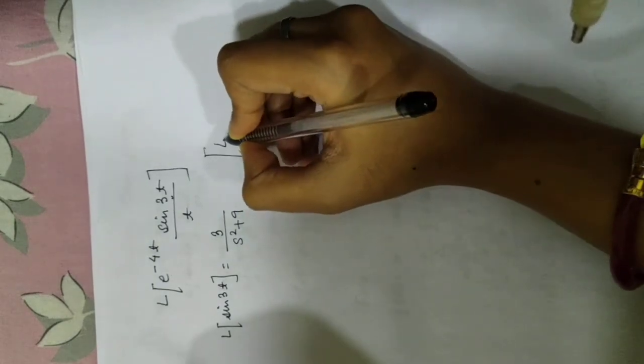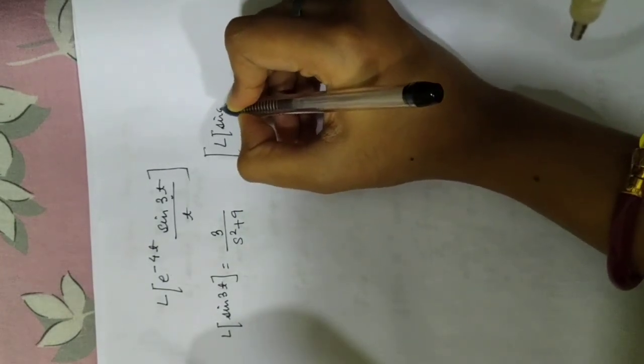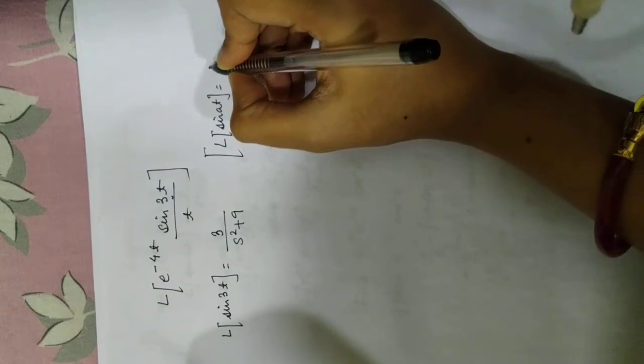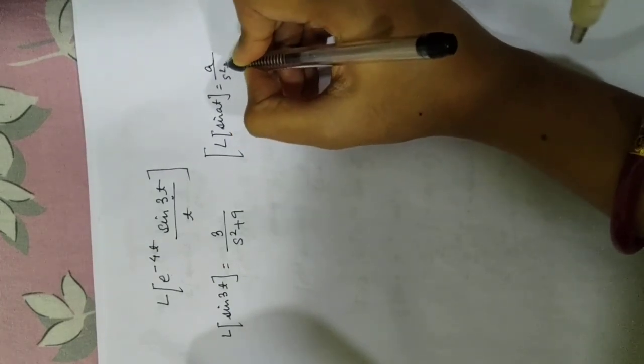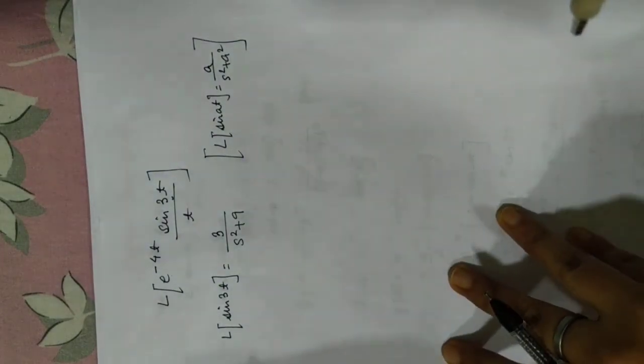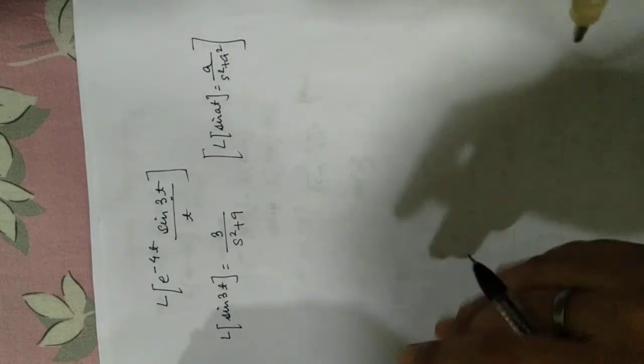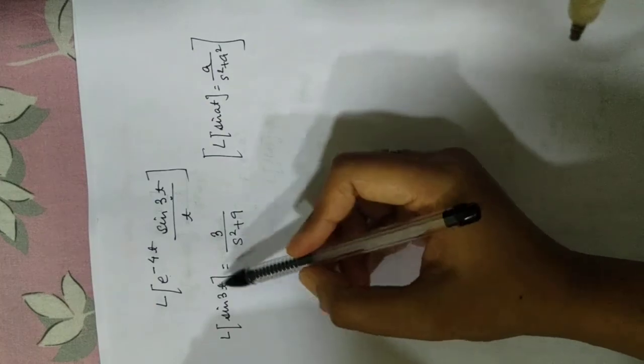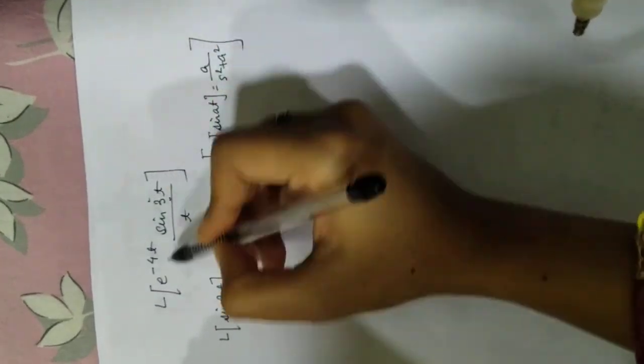Because Laplace transform of sine at is equal to a divided by s square plus a squared. Please practice the problems, else you won't be able to understand the steps. Okay. So now we have found the Laplace transform of this. Now we can find this.